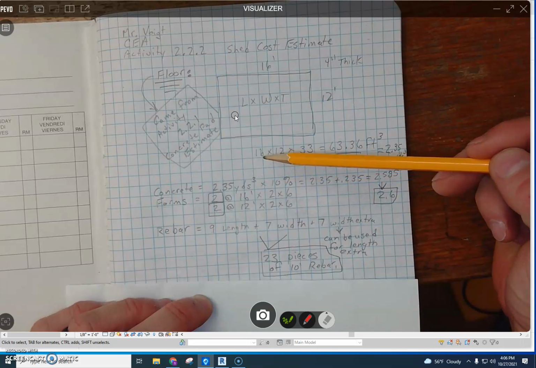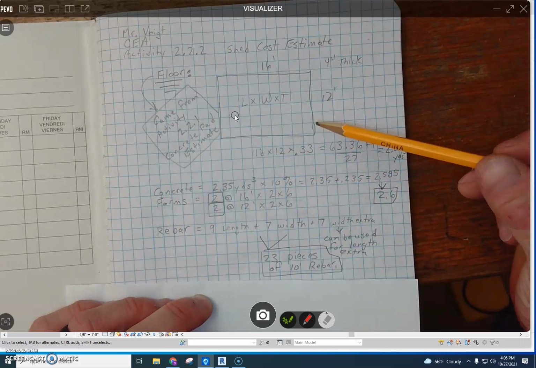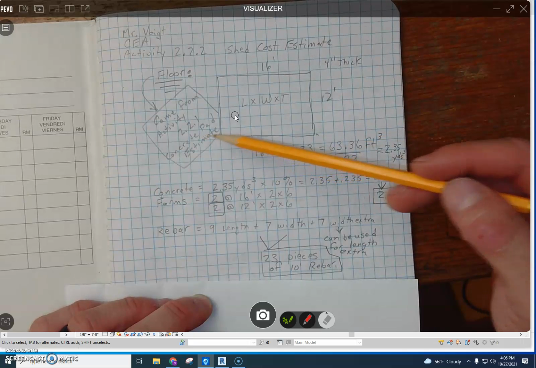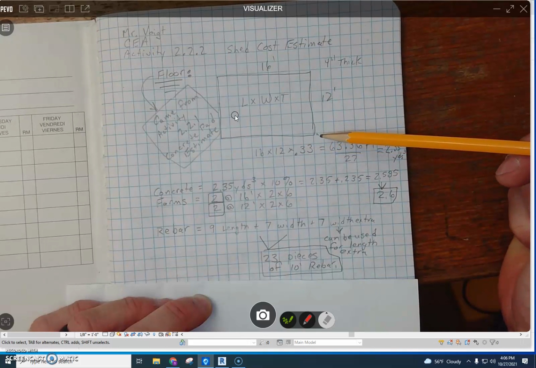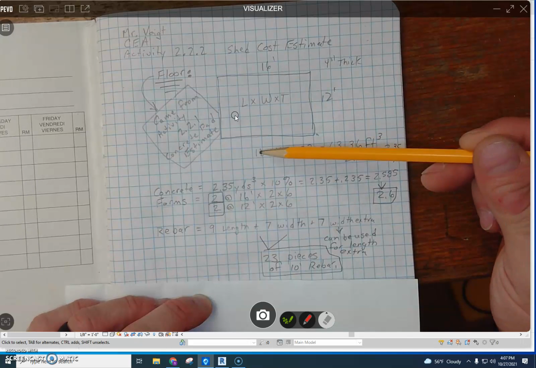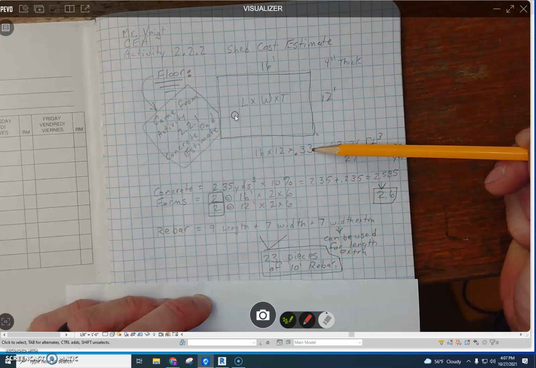So we took the 16 feet times 12 feet, and it is 4 inches thick. In this activity, they say pour this at 4 inches thick. 4 inches is 1/3 of a foot. Okay, 4 inches goes into 12 3 times. So it's 0.33 feet. So these are all in the same units: 16 feet, 12 feet, 0.33 feet.